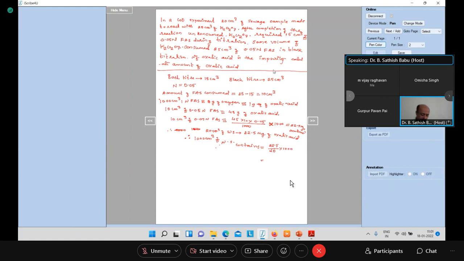So this will be equal to 1125 mg per dm cube of oxalic acid. Yes, sir. So here, instead of calculating in terms of oxygen, they mentioned oxalic acid is the only impurity. That is why we can directly equate it to the equivalent mass. That's it, that is the technique. Hope it is understood. Clear or not?